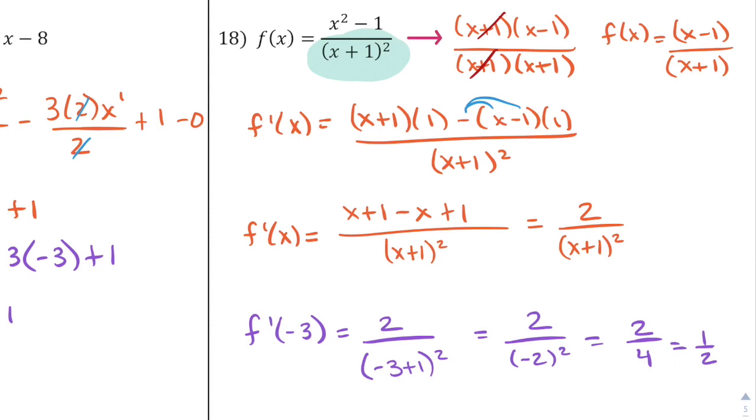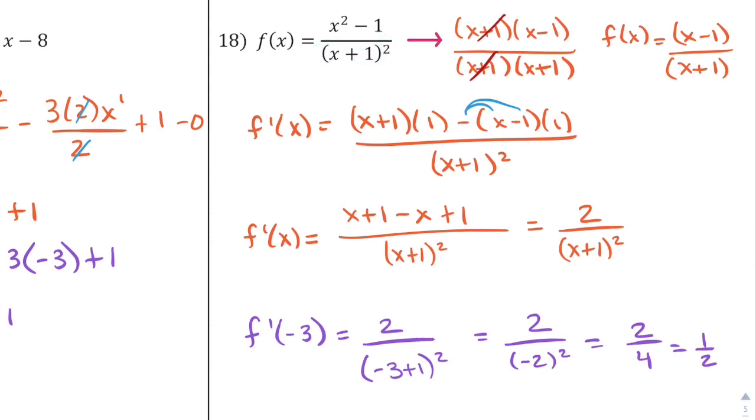X plus 1 squared involves chain rule, or it involves distributing and then using the power rule, which can be something very, very intense. You'll have x squared plus 2x plus 1, and then you'll have to derive that, and you'll have to square that as a result. It's going to be pretty messy. Factor out the numerator, rewrite the denominator in factored form, and then simplify out the expressions that reduce out.